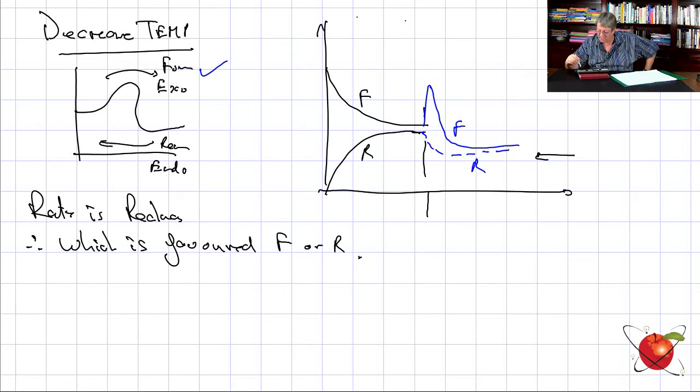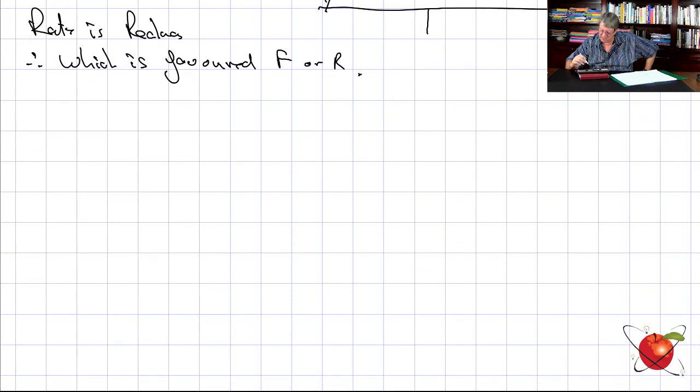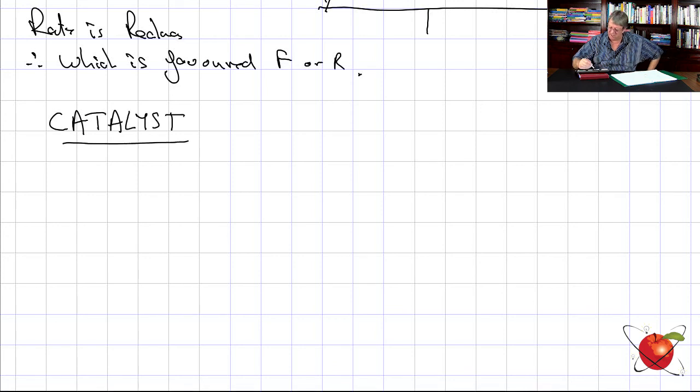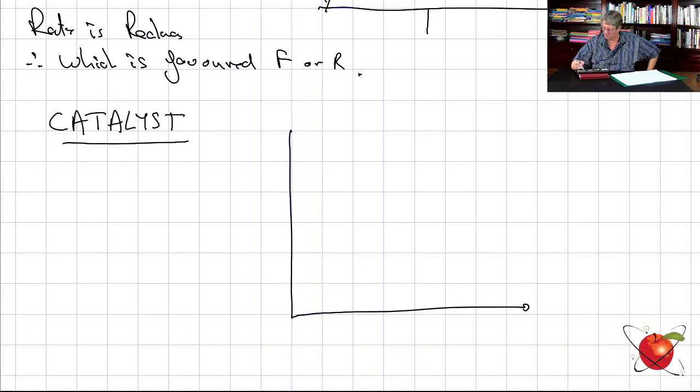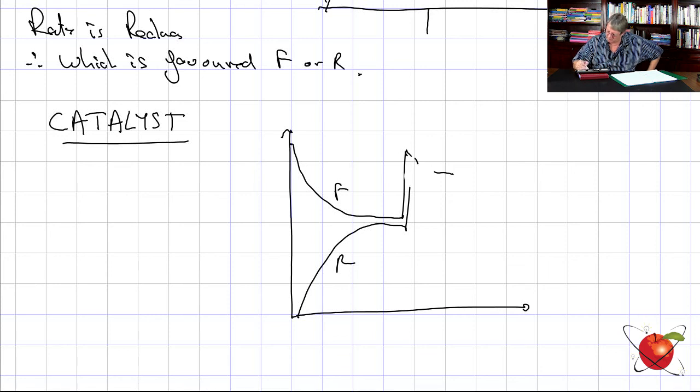The last thing we have to say is, what does the rate look like if you put a catalyst? This is the easiest one of the lot, and it's a good one to spot. Here we go. Label forward, label reverse. Okay, forward and reverse.